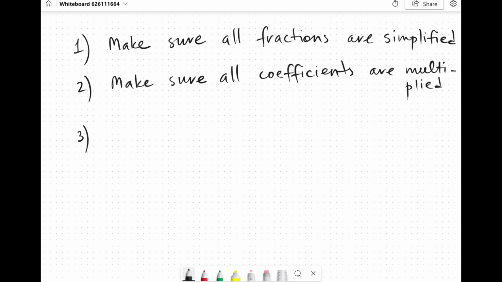You have to make sure that you have no repeated bases. This means that your expression should not have two separate x's with exponents or two separate y's, etc. And finally, you should have no negative exponents.